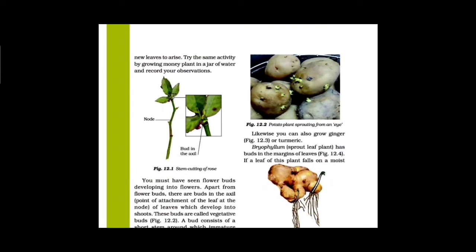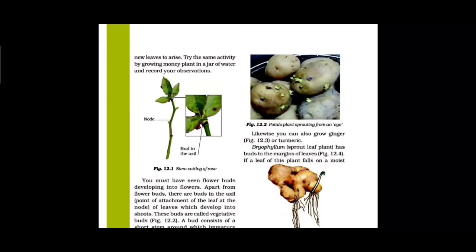Here is one activity. Cut a branch of a rose plant. This piece of branch is termed a cutting. Bury the cutting in the soil. Then observe the plant.